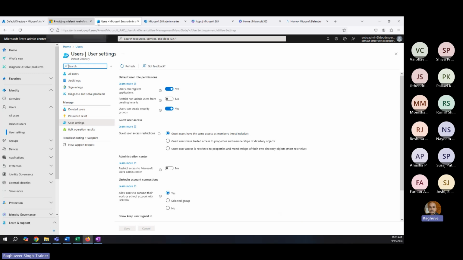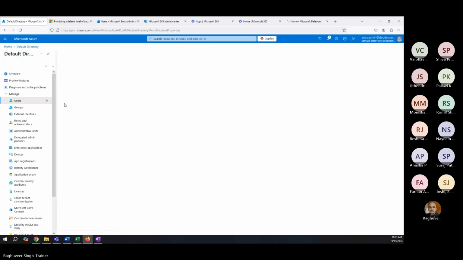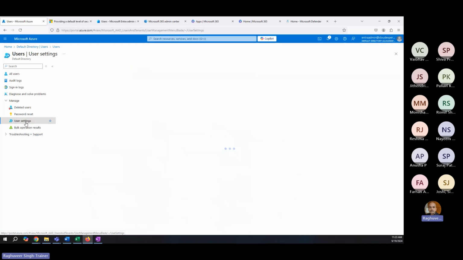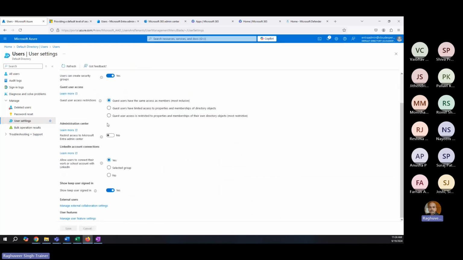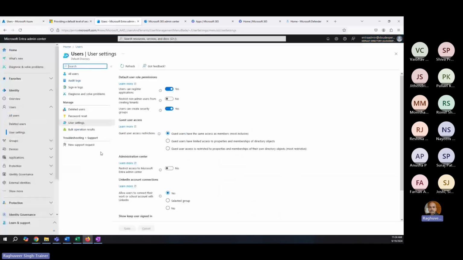Similarly, if you navigate to Azure portal, and navigate to users, under manage, it says user settings. You see the same option here. So the view remains the same, whether you do it from Entra or from here. So let's do it from Entra Admin Center.